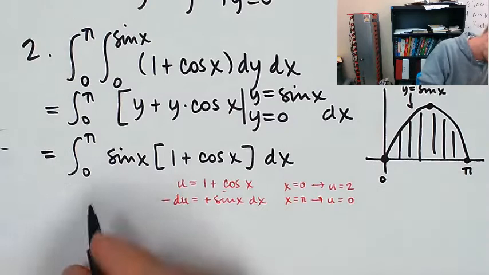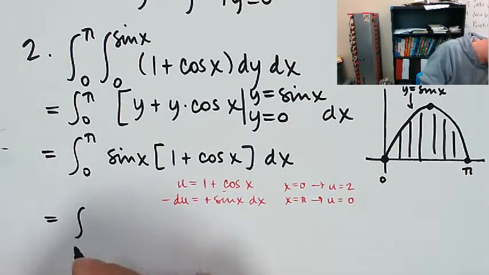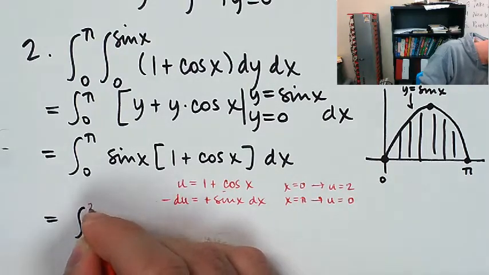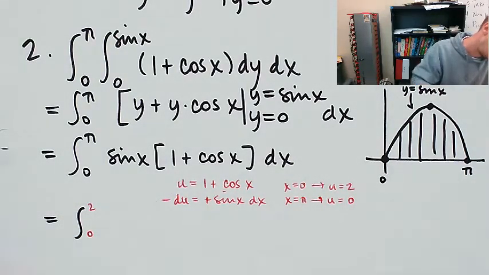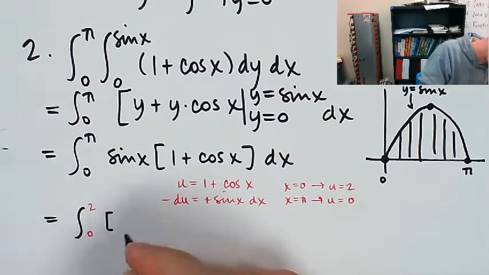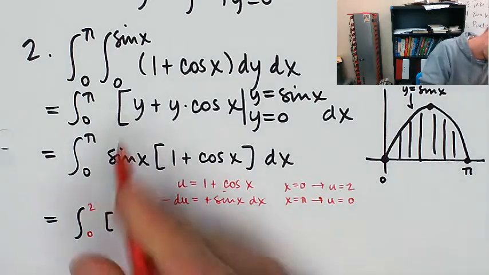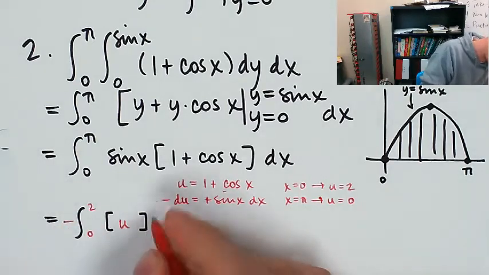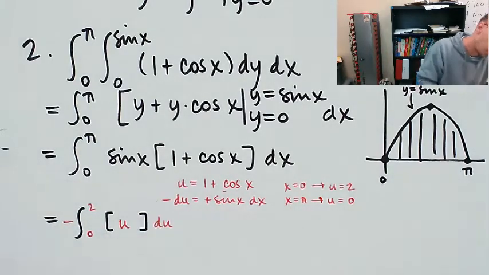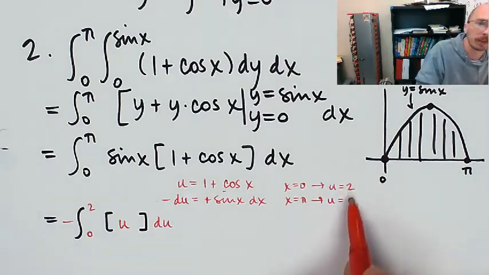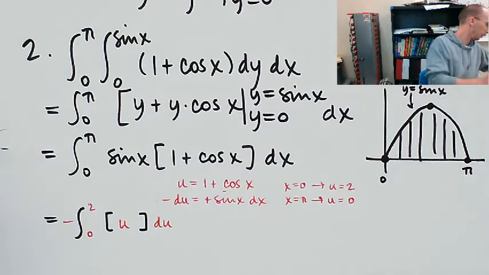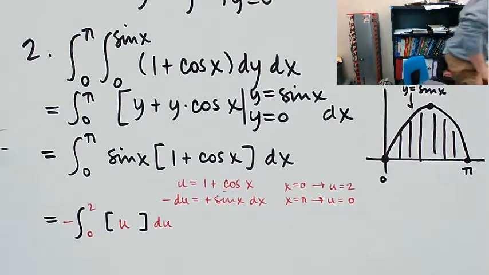So now I'm going to be integrating from u equals 0 up to u equals 2 of this thing in the brackets, which we'll call u. Sine x dx is negative du, so I'll put the negative here and then du there. But I said 0 to 2, that's not right. It's from 2 to 0, so I'm going to need to fix that. Here's my eraser. Oh no.